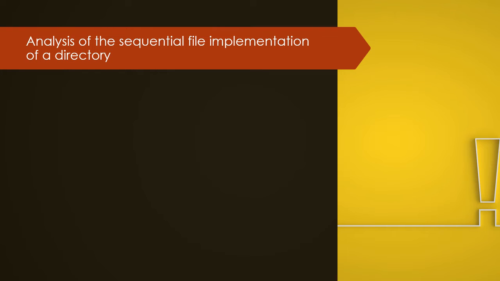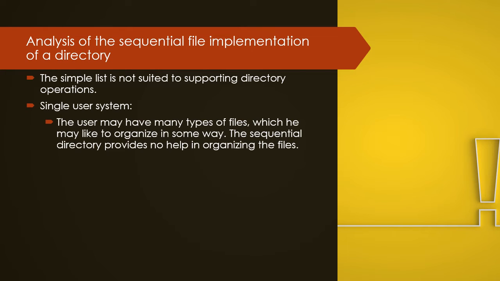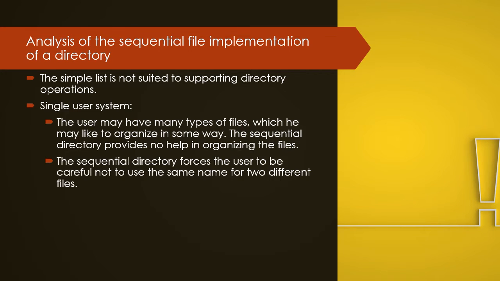Analysis of the sequential file implementation of a directory. The simple list is not suited to supporting directory operations. In single user systems, the user may have many types of files which he may like to organize in some way. The sequential directory provides no help in organizing the files.